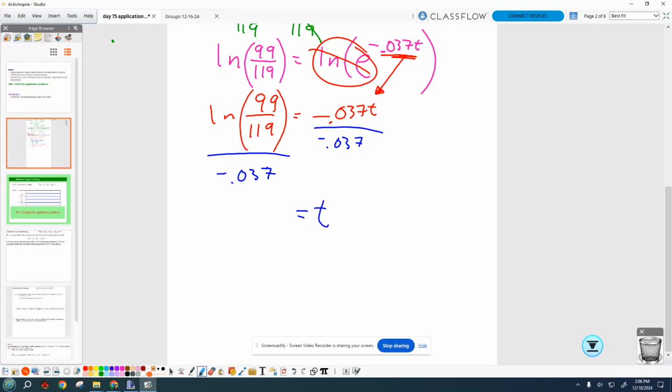How do you put it in? You just press LN. I think you have to put parentheses in front of the ln, so that then you can divide the whole thing by the negative.